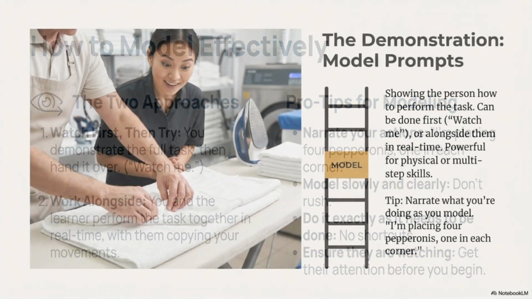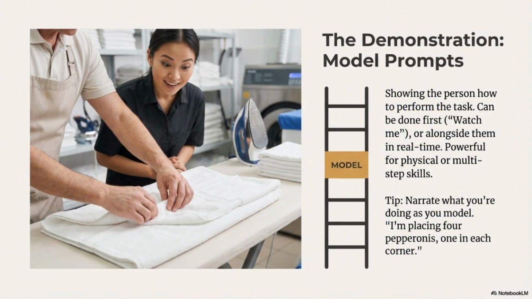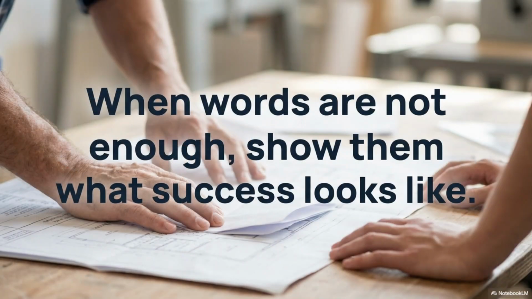You fold one towel while they watch. Now you try. Option 2. You do it alongside them at the same time. You stand next to them and you both perform the task together. They're watching you and copying your movements in real time. Both are model prompts. Both work. Choose based on the situation and the person's learning style.